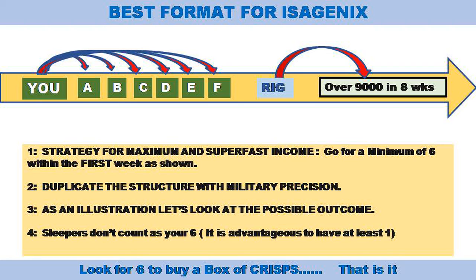Now, in the previous slides, we were talking about getting 3 customers. So the system, if everybody got 3 customers, it would generate 9,000 customers in 8 weeks. Now, you can imagine then if everybody got 6 customers, that would be phenomenal growth. They won't.